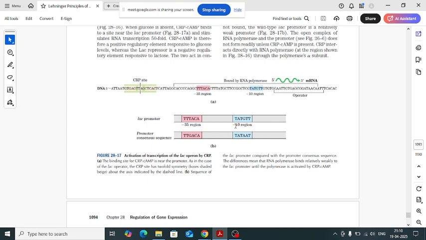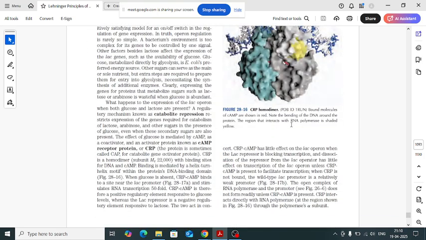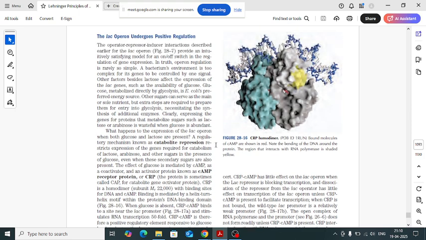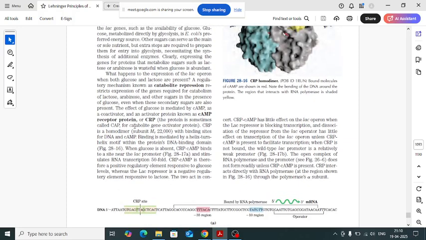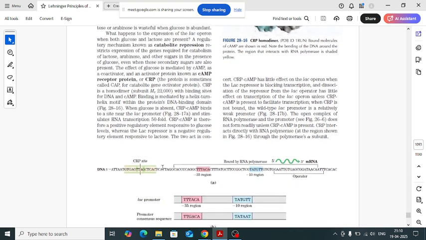There is a protein called CRP, the catabolite repression protein, or rather the cyclic AMP receptor protein, which is also known as CAP or CRP. It is a homodimer with binding sites for DNA and cyclic AMP, and this binding is mediated by a helix-turn-helix motif within the protein's DNA binding domain, right?